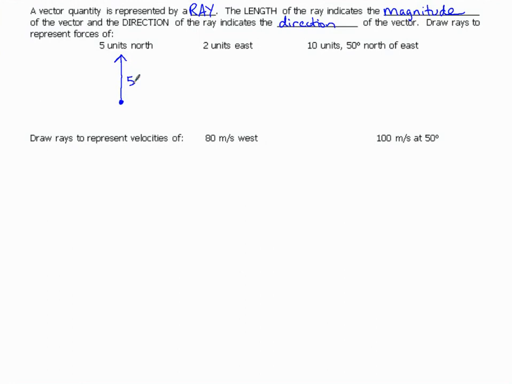Now in this next one, 2 units east, and we're using map coordinates, so we're talking about like a map. So 2 units east might start here and go about this far.